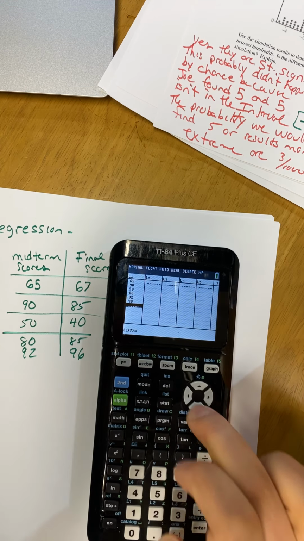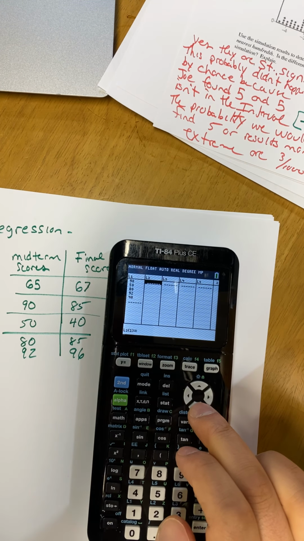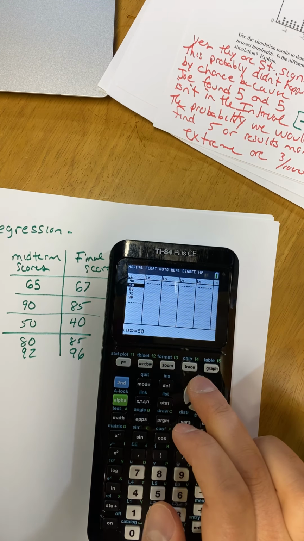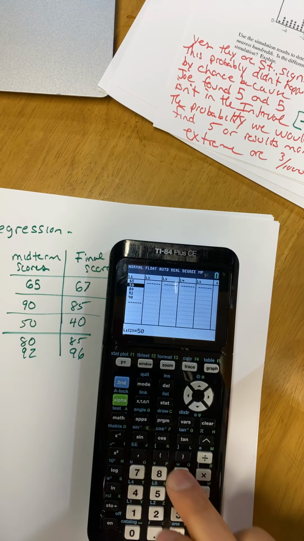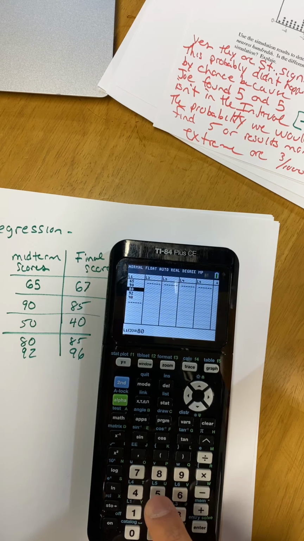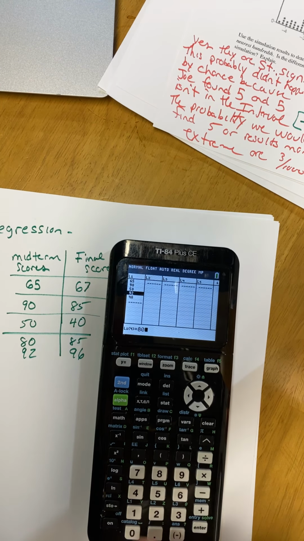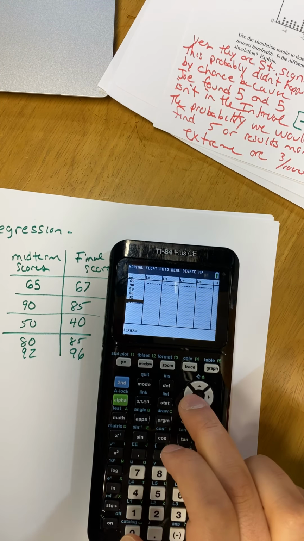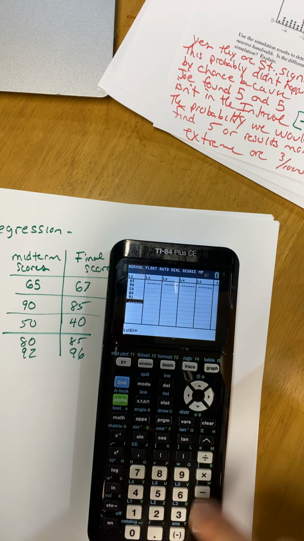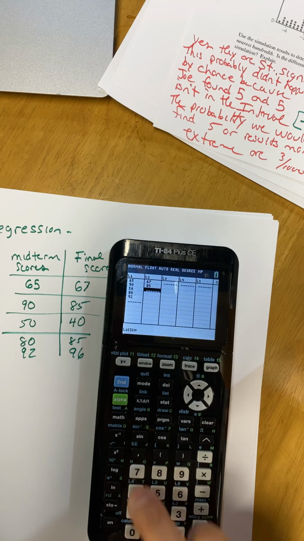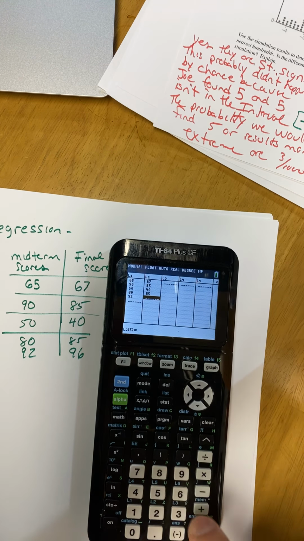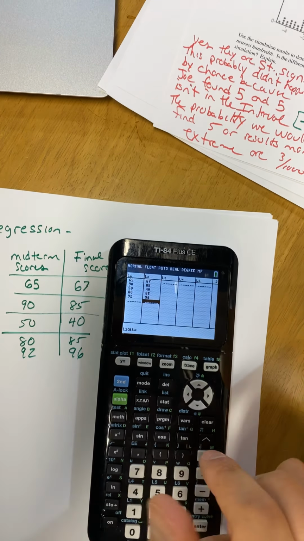What happened here? 65. Let me do this over. 90, 50, 80, 92. All right, finally, we got the data in here.